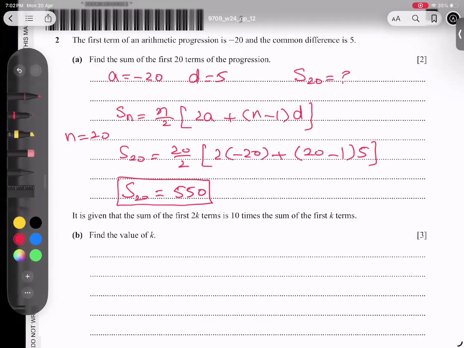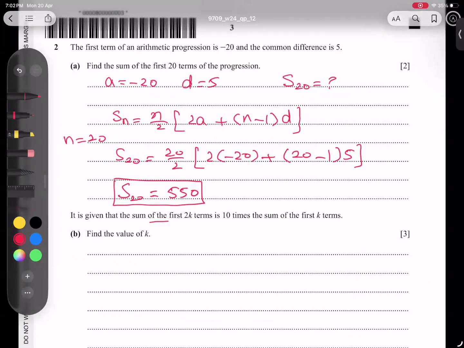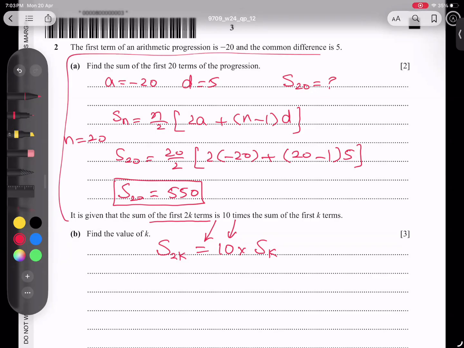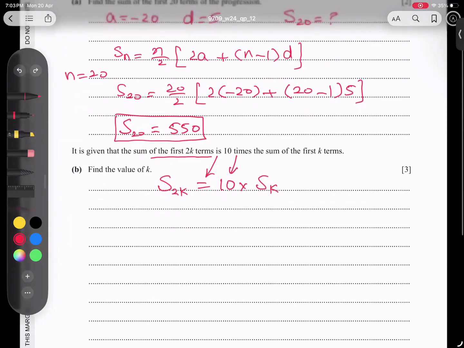Now he's saying next, given that the sum of the first 2k terms is 10 times the sum of the first k terms. This means we have to apply the same formula, because it is again an AP.